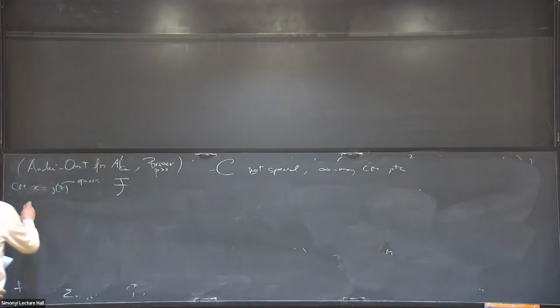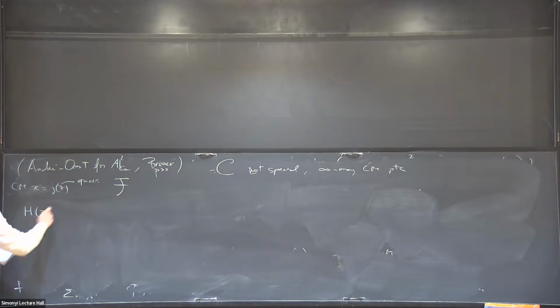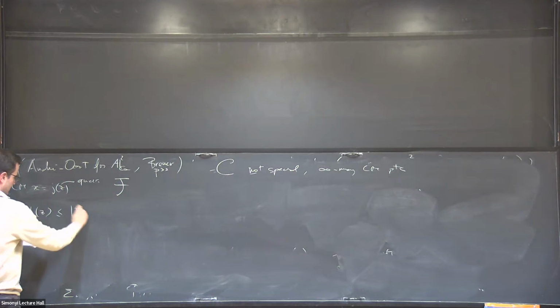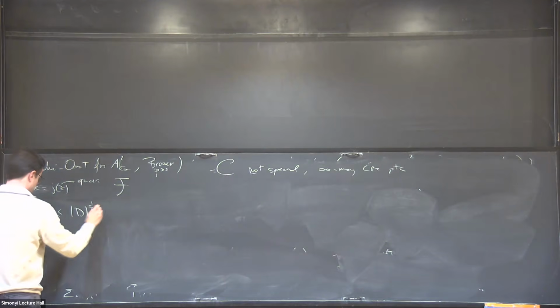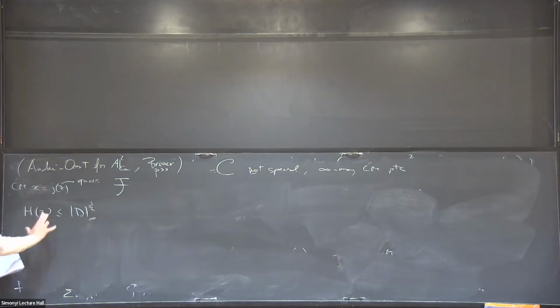So there is a bound on the height of this quadratic point, given in terms of the discriminant. And it's here that the p equal to 2 case fails, because we don't have such a bound.